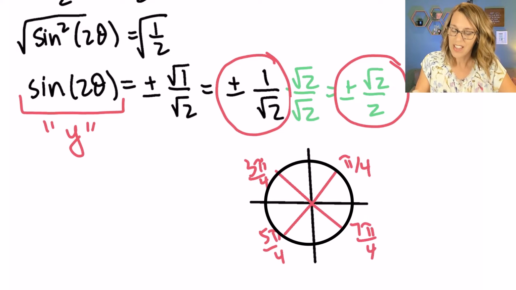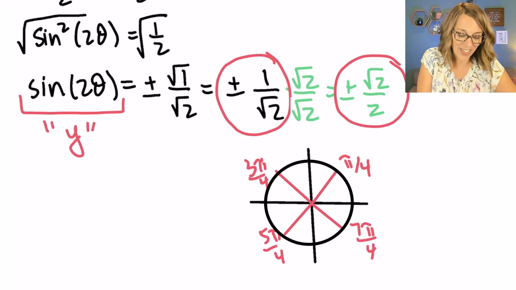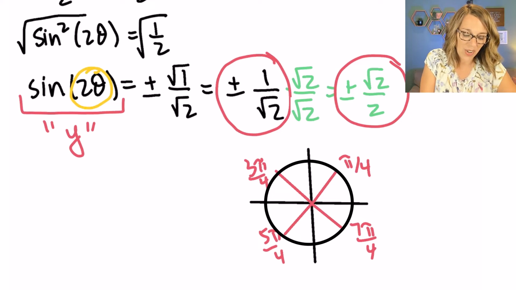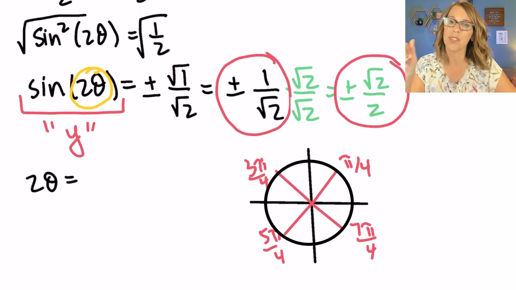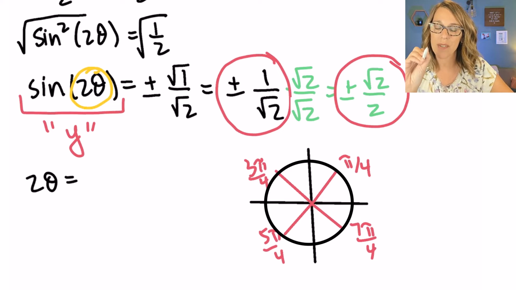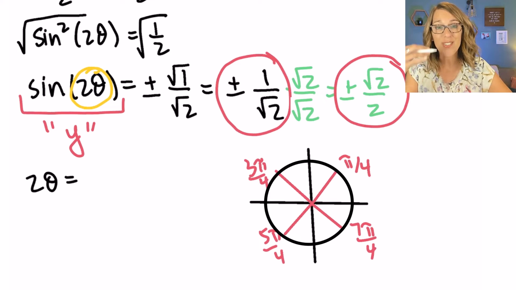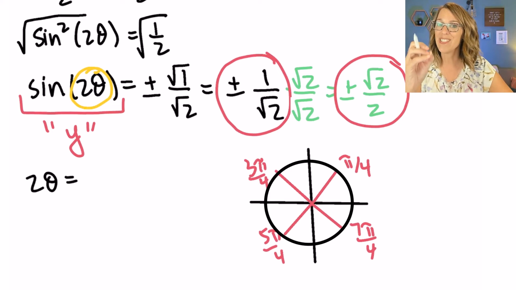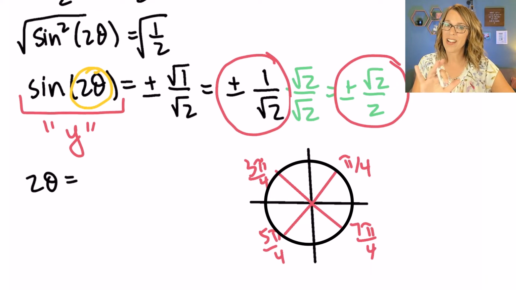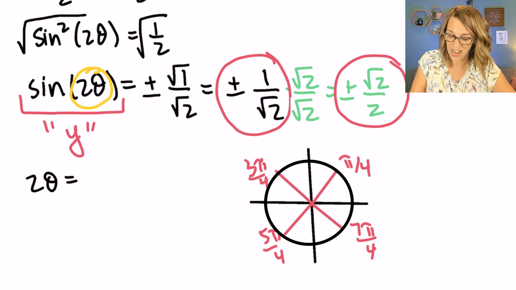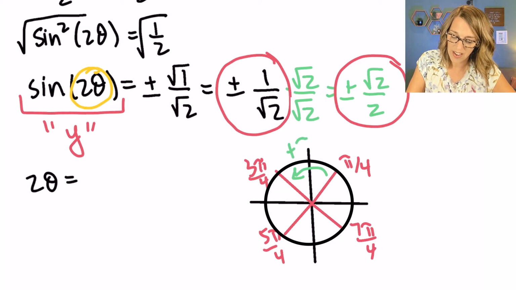But the angle that I'm working with is 2 theta. So I have that 2 theta is equal to any of these 4, but remember I wanted that general solution, so I want infinitely many. Instead of writing all 4 of these out, I'm going to recognize this great pattern. Each of these are separated by 90 degrees or pi halves.